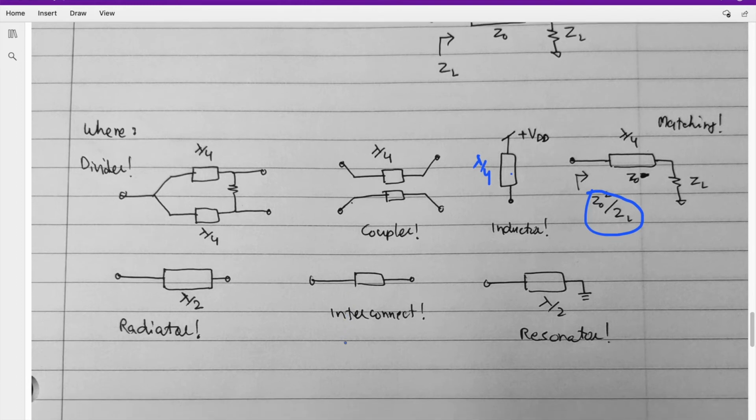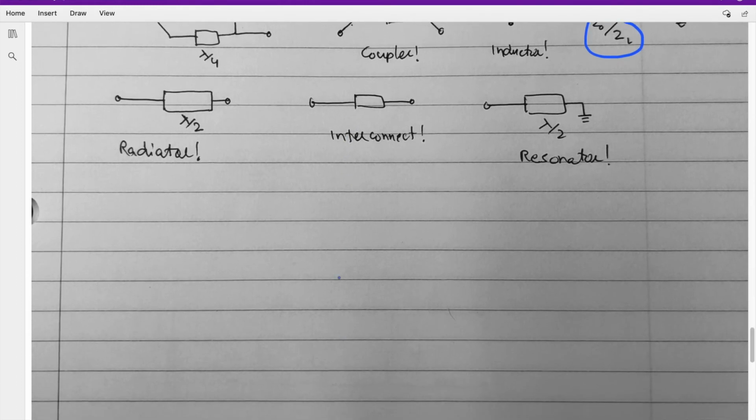Okay, so before ending this video, let's talk a little bit more about interconnects. Let's say you have two circuits, and you want to connect them. For example, one has some output, the other has an input, and you want to connect that output with this input.